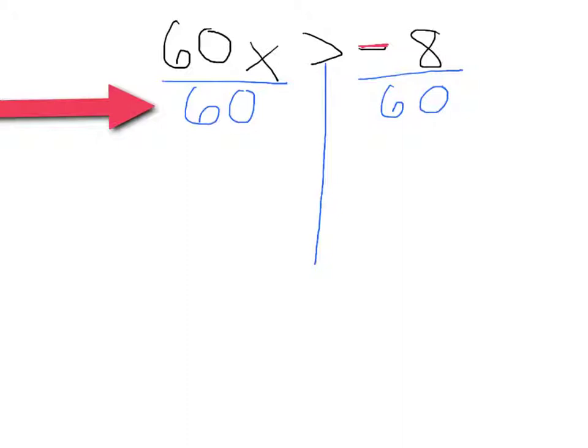We're dividing by a positive, so in this case, our sign stays the same. X is greater than a negative, and now we have to reduce 8 over 60, which is negative 2 over 15.